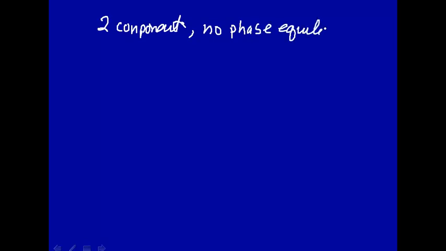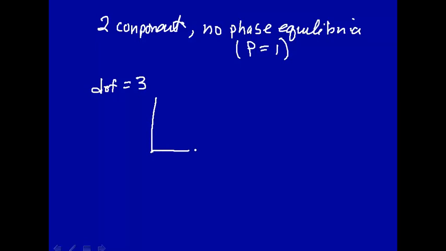Now with 2 components and no phase equilibria, which means that the number of phases can be equal to 1, so we have no constraints, then the degrees of freedom will equal 3, so really what we need is a 3-dimensional graph.